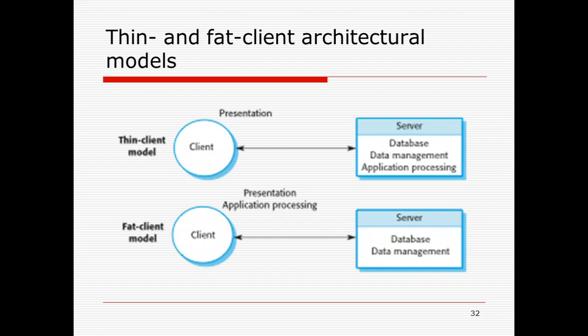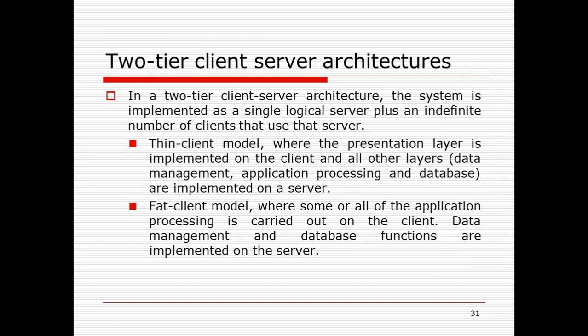Another architecture is the two-tier client-server architecture, where the system is implemented as a single logical server plus a large number of clients that use the server. In this kind of architecture pattern, there are two varieties: the thin client model and the fat client model.